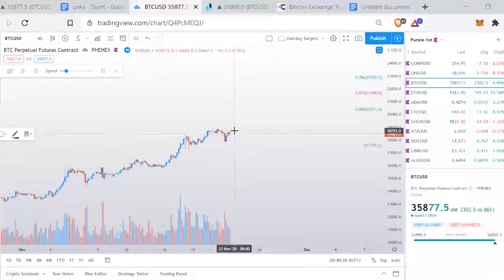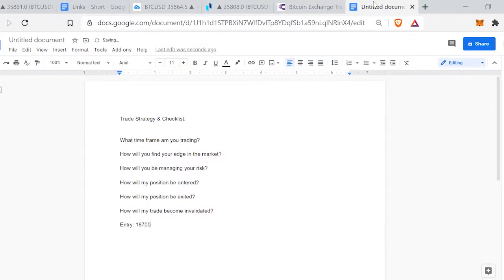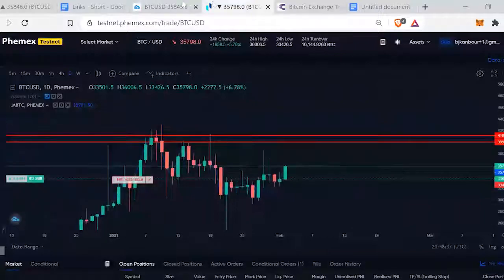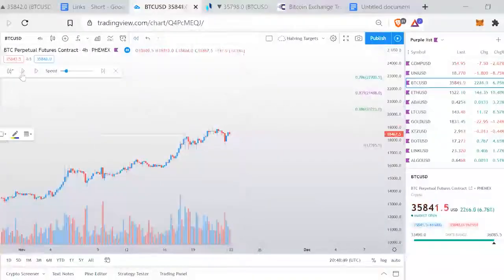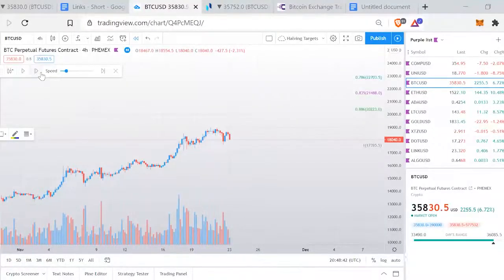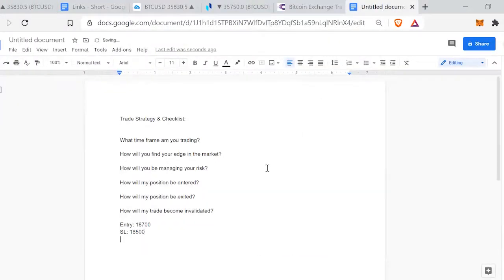right here at 18,700 or something. And then you would say I put my stop loss at, let's say, 18,500. And then what you would do is keep pressing play and going through, and oh, here we got stopped out, right? So you would put stopped out.